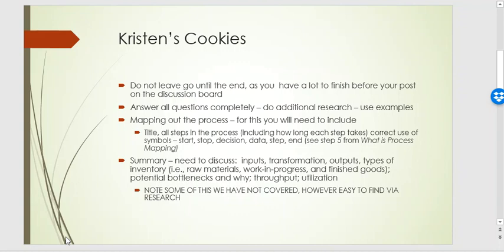I'm going to be looking for the correct use of symbols, meaning start, stop, decision, data input, and the end. If you want to review what these symbols are, you can go back to week 3's folder and look at what is process mapping, and that will share that information with you.